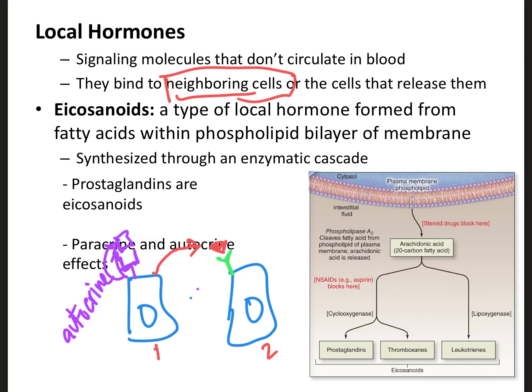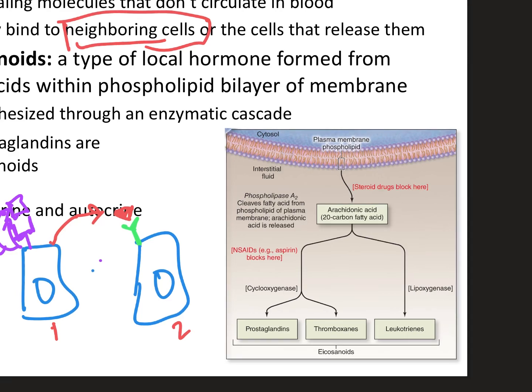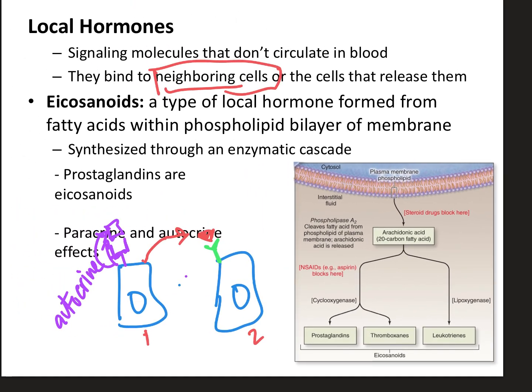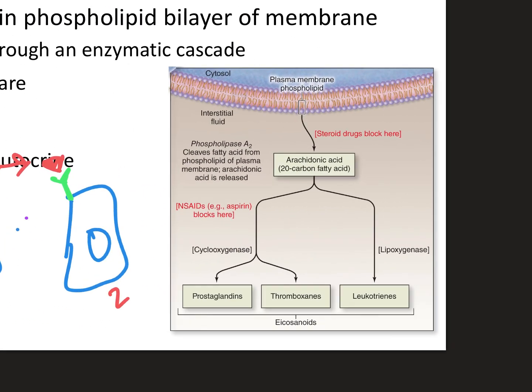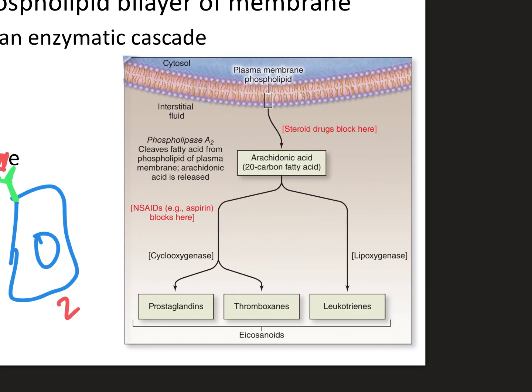Some other local hormones are what we call eicosanoids. These are broken down from fatty acids within the phospholipid bilayer, and they're synthesized through an enzymatic cascade. And one of these is prostaglandins. Prostaglandins include things like PGF2 alpha, which is important for ovulation. But these also are very important in inflammation.